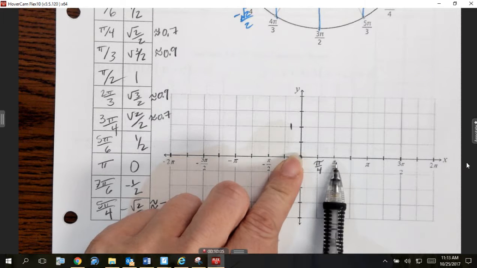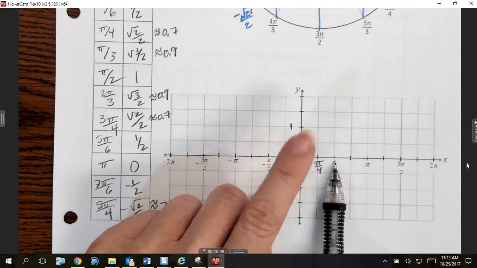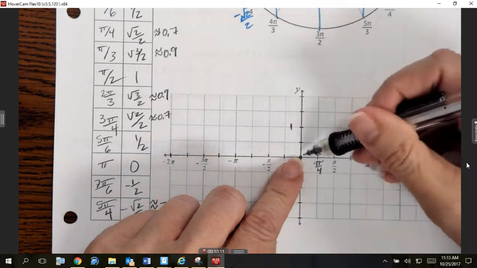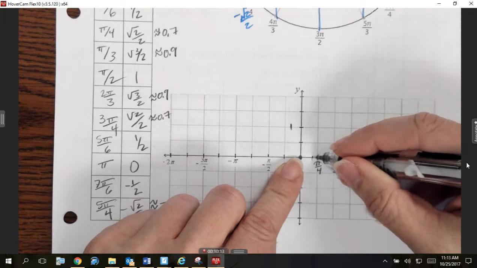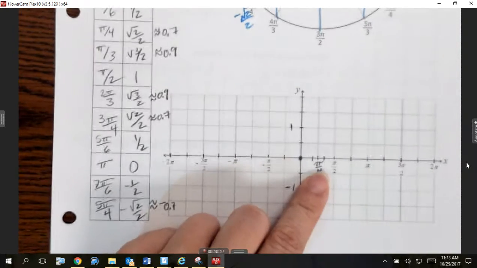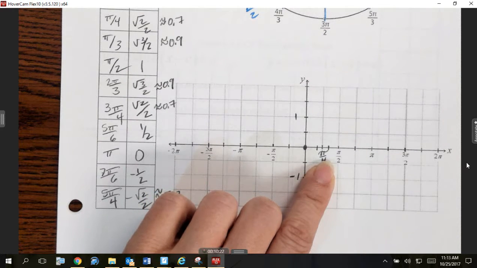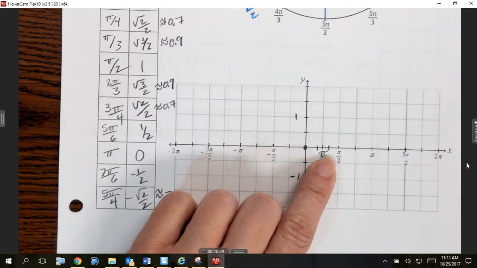So how many 30s fit between 0 and 90? 3. So you just have to divide this section into 3s, which would be about here and about here. It's not exactly perfect or anything. So that's where my pi over 6 is going to be, and then my 2 pi over 6, which is pi over 3, will be that second one.